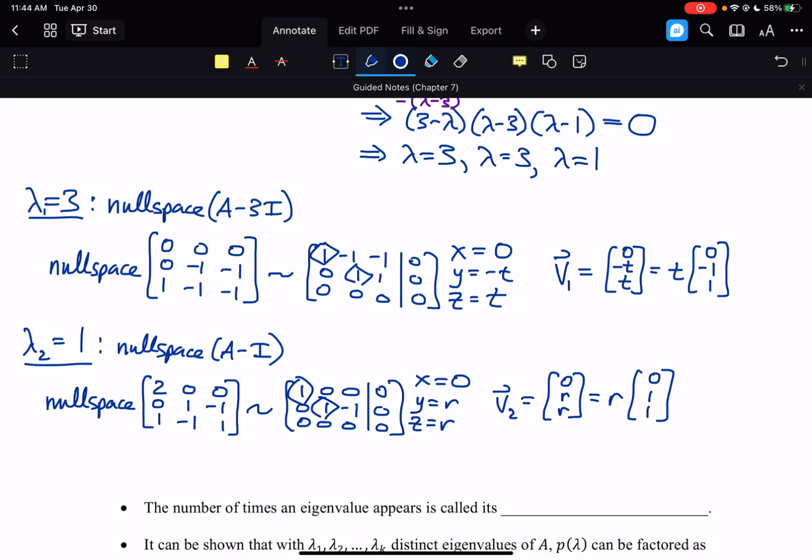So our eigenvalue eigenvector pairs, so lambda 1 is 3, v1, again, I'll just use the eigenvector, 0, negative 1, 1, and lambda 2 is 1, v2 will be all vectors with the form 0, 1, 1.